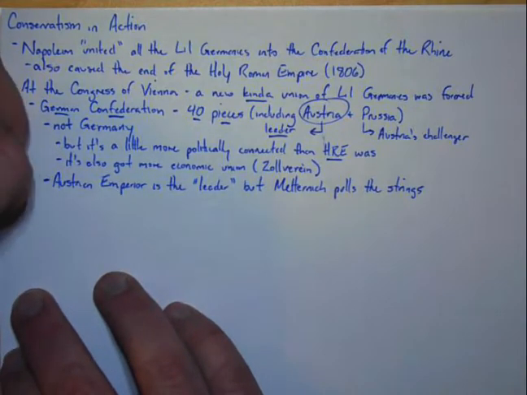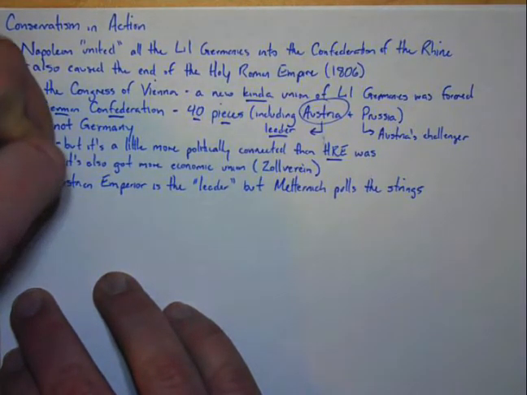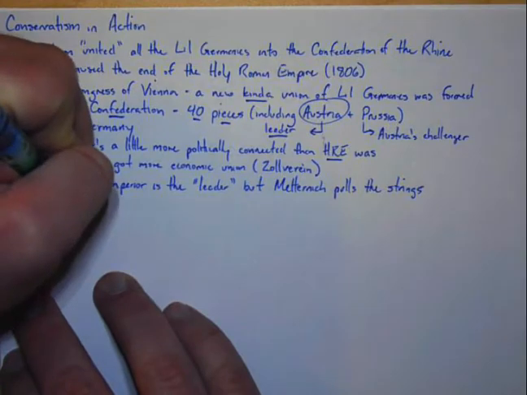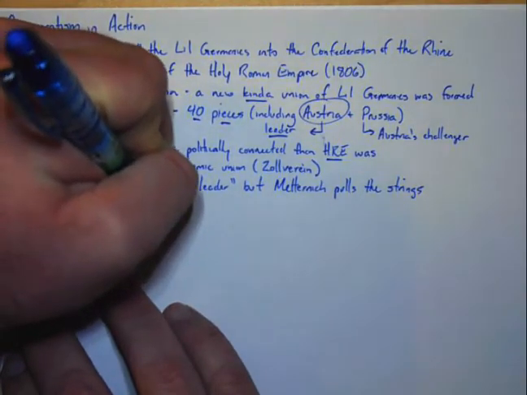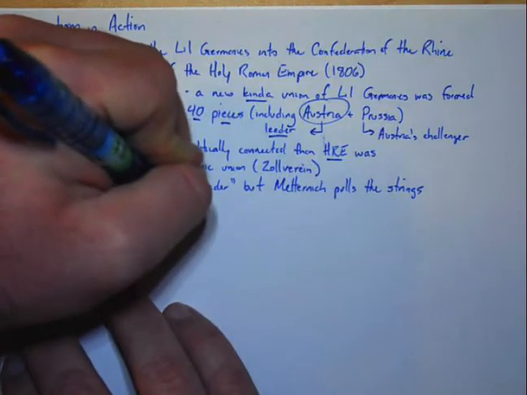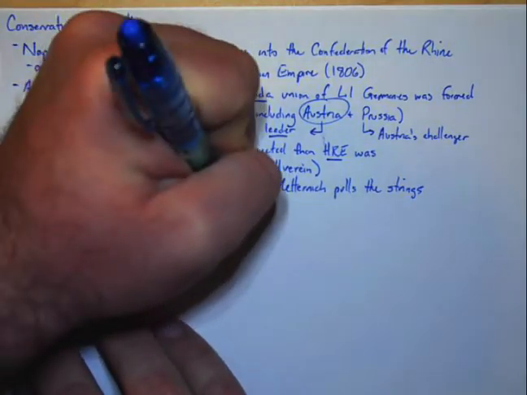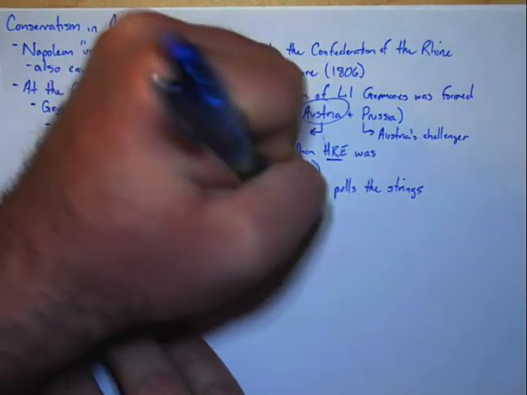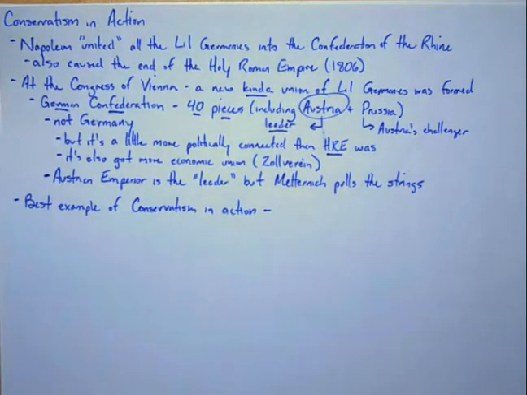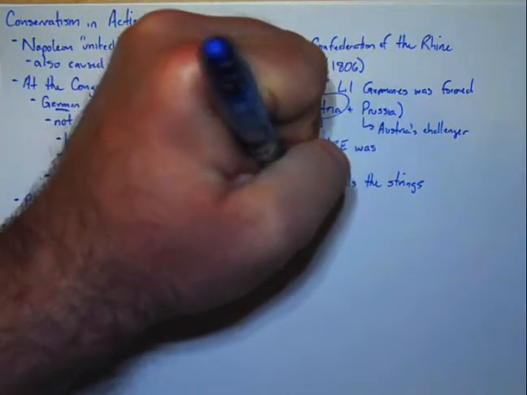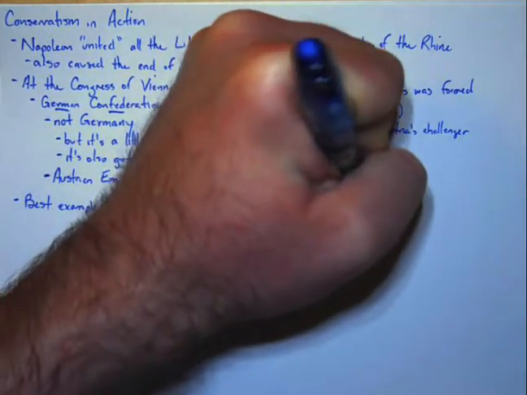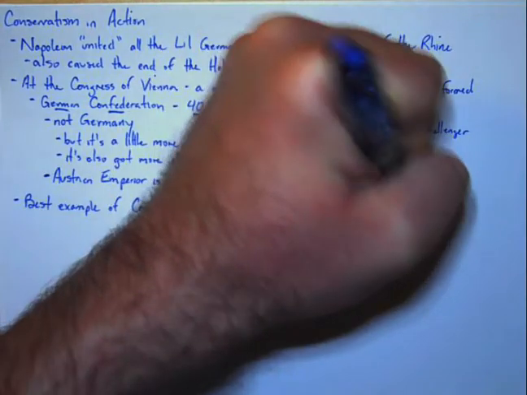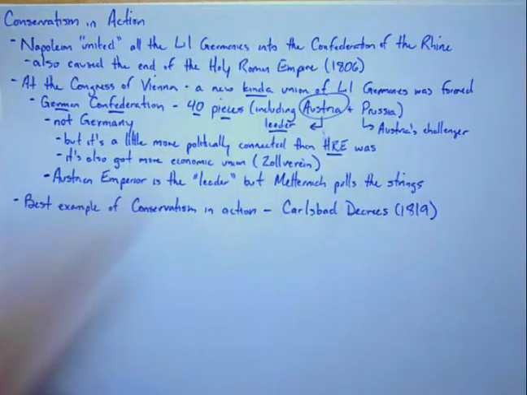So the best example of this are a series of laws that have become known as the Carlsbad Decrees, which were enacted in 1819.